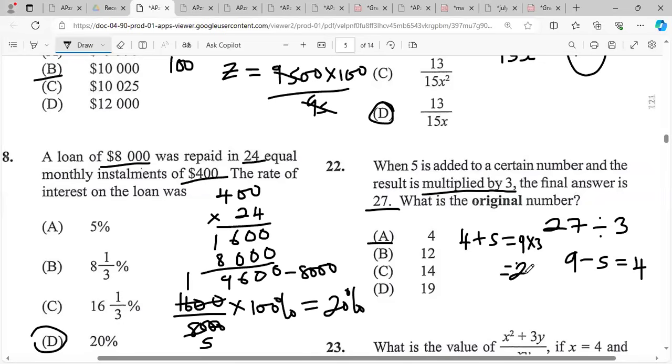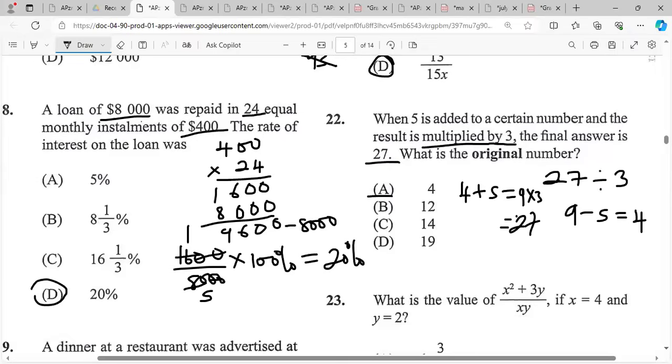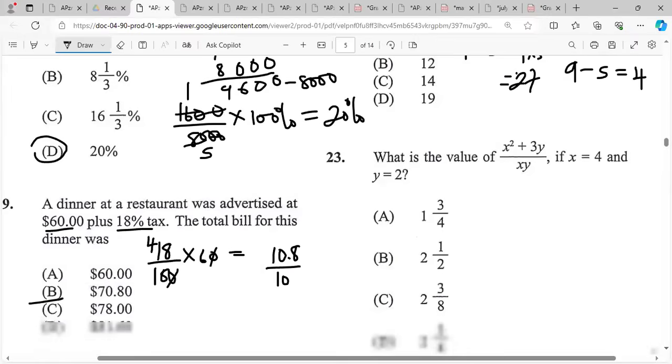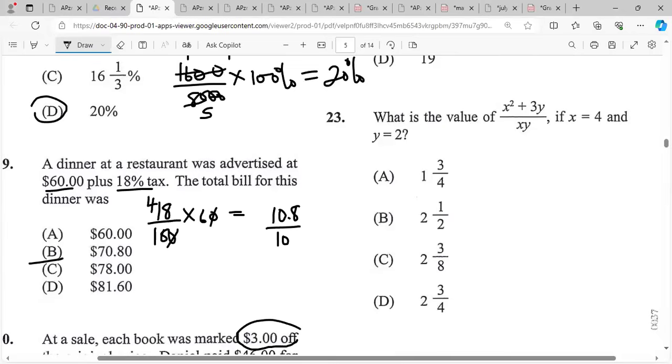So some of them you have to show no workout, guys. Just use your skill. This one is a repeat again. What is the value of x squared plus 3y over xy if x is 4 and y is 2? So it will be 4 squared plus 3 times 2. And of course, we multiply 4 by 2.